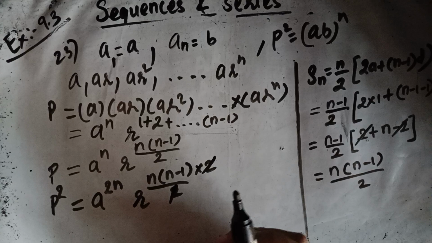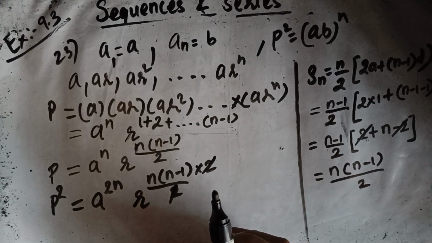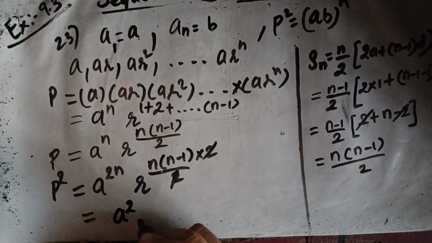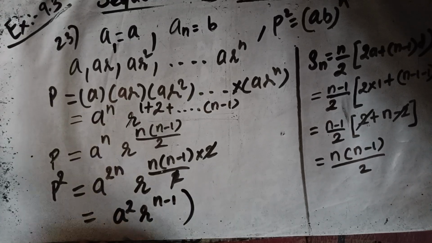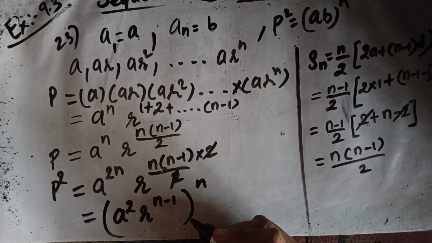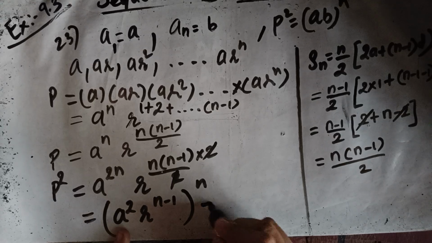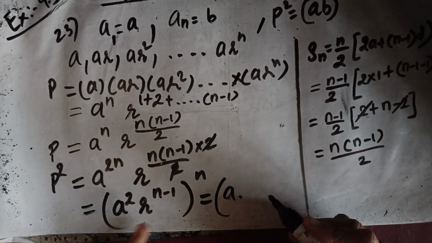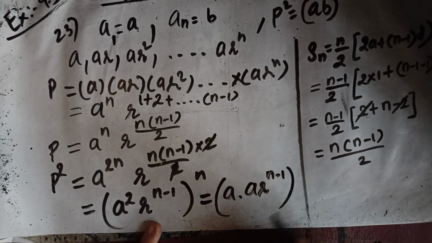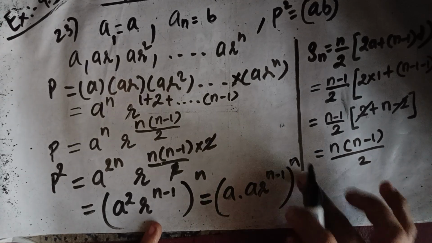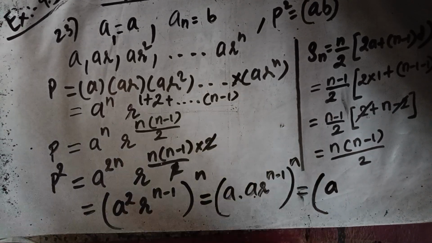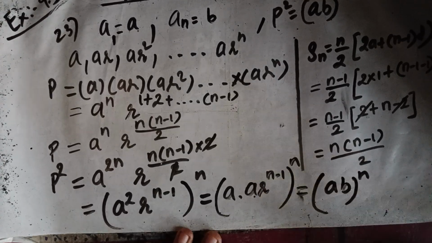So this 2 gets cancelled. n is common to both of these, so we can write the whole raised to n. This I can split, that is I can write a into r raised to n minus 1. This is nothing but a, the first term, that is given a only. a r raised to n minus 1 is the last term, so that is b.